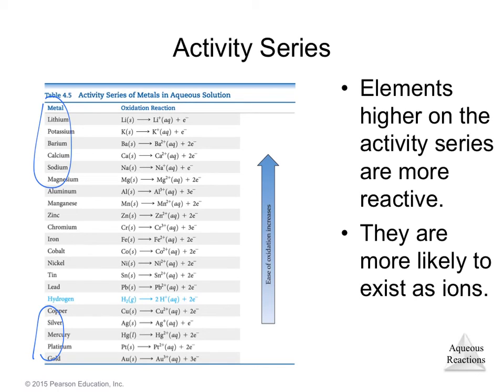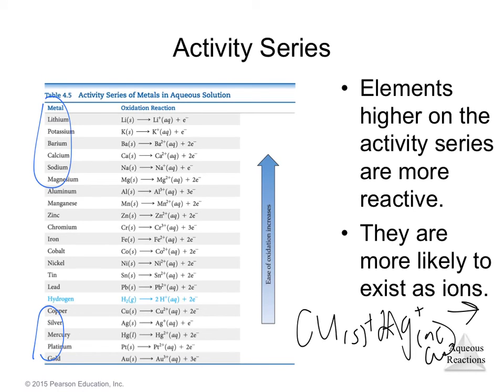Now, going back to the last slide, we were talking about copper, so let's write it down here, reacting with Ag+ in solution. And this forward reaction took place. We had Cu2+ and Ag solid. So the forward reaction worked.